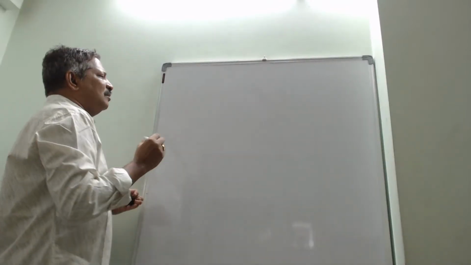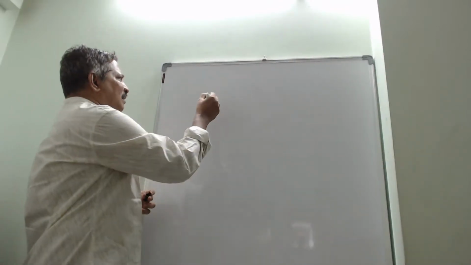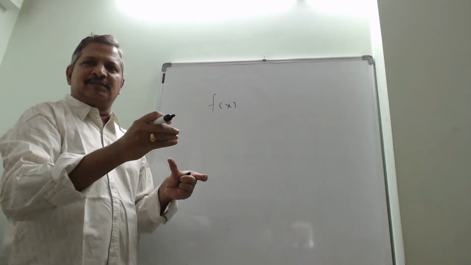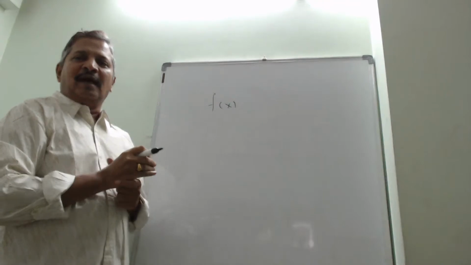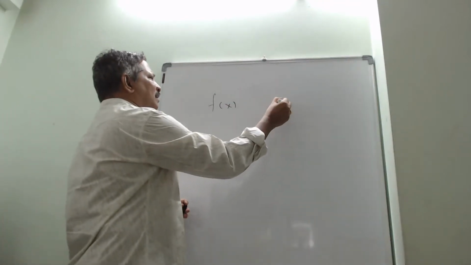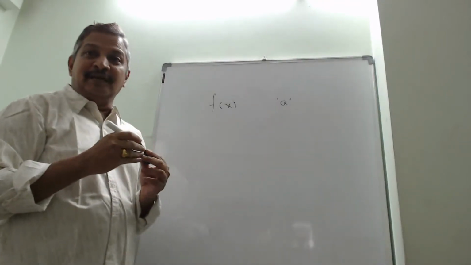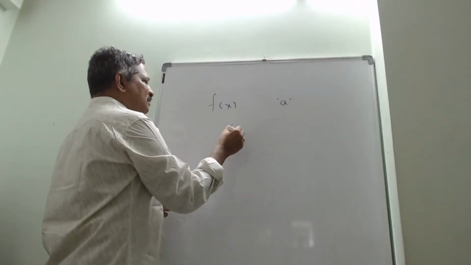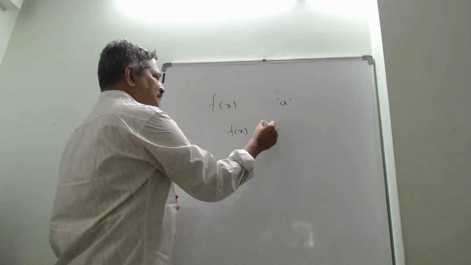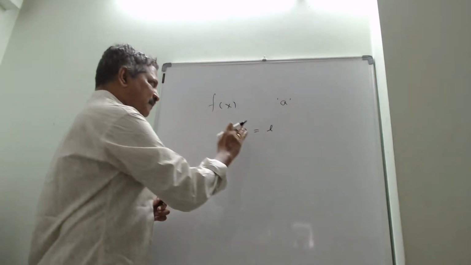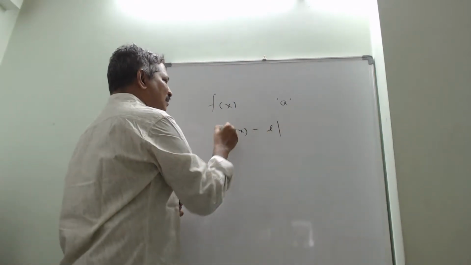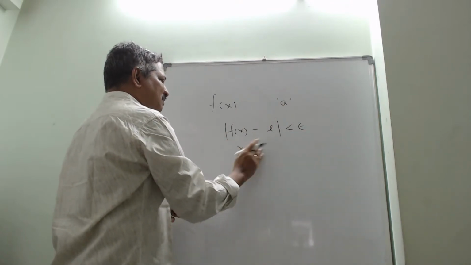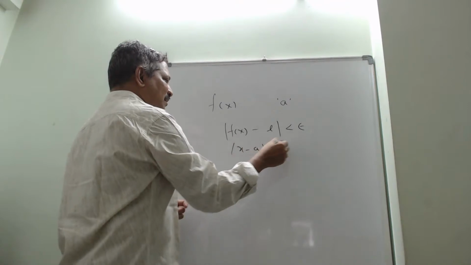Now, coming to the limit of a function. If f of x is a function defined over a deleted neighborhood of a, such that its value is L, that is, modulus of f of x minus L is less than epsilon for every modulus of x minus a less than delta.